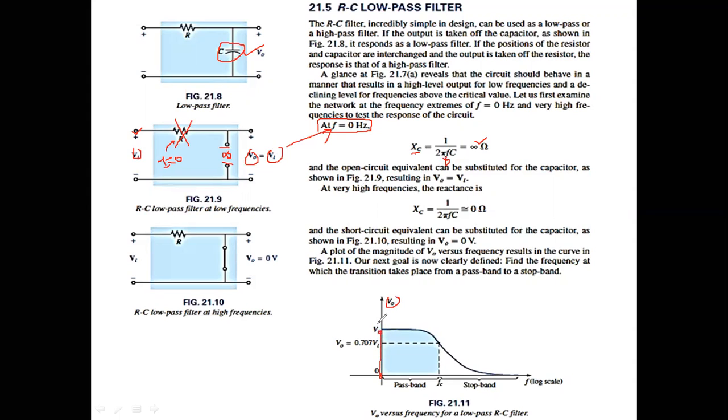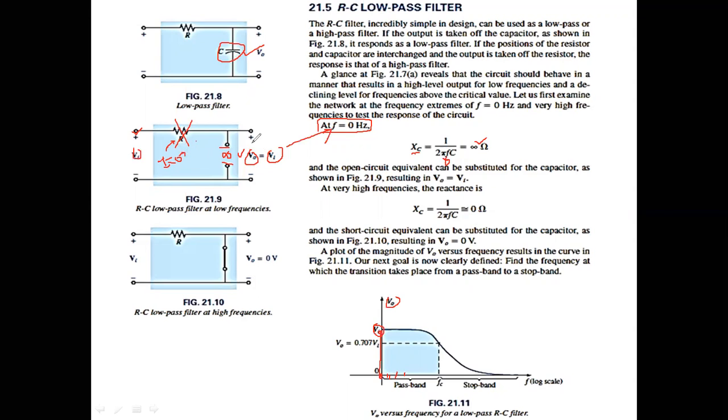Okay, this is the input voltage. As soon as the frequency is increasing, some drop will appear here. So it will no longer be an open circuit. Some drop will appear and the current will start to flow.